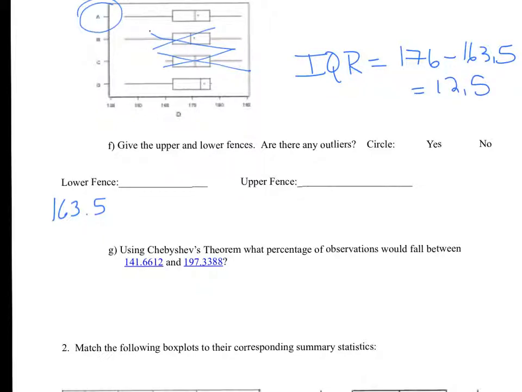Now our lower fence is 163.5 minus 1.5 times 12.5. Doing that math, we get 144.75 as our lower fence.